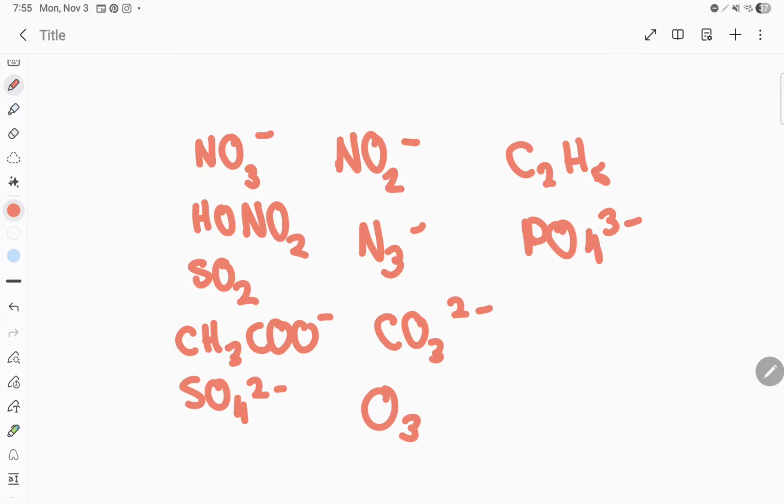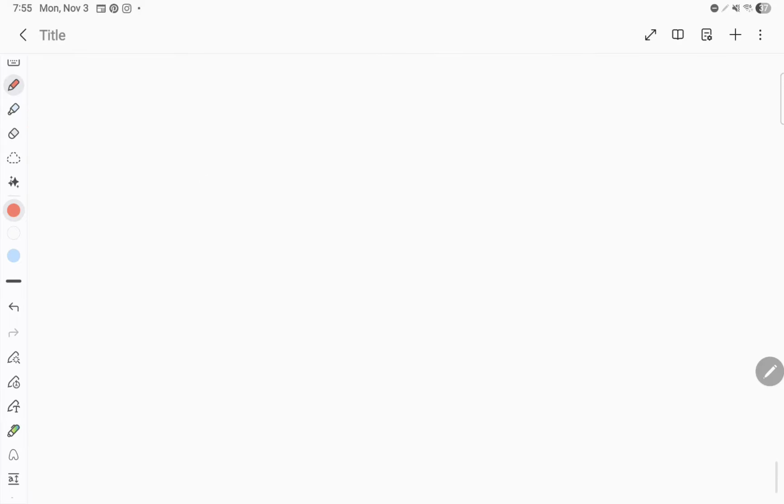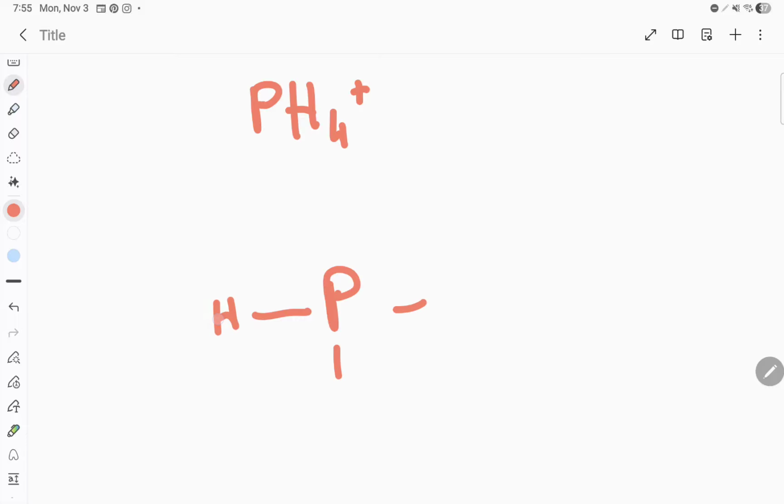And we also have ones that have dative bonds. Now, what's a dative bond? I already explained. A dative bond is when you have an extra pair of electrons that you're willing to give. So let's say, for example, PH4 plus. Here you have P. Let's draw PH3 first, because the plus comes from the extra hydrogen.